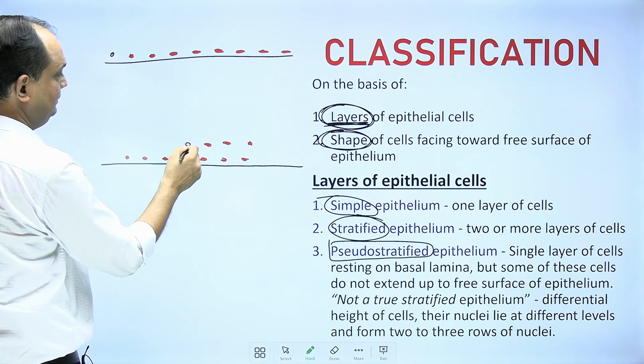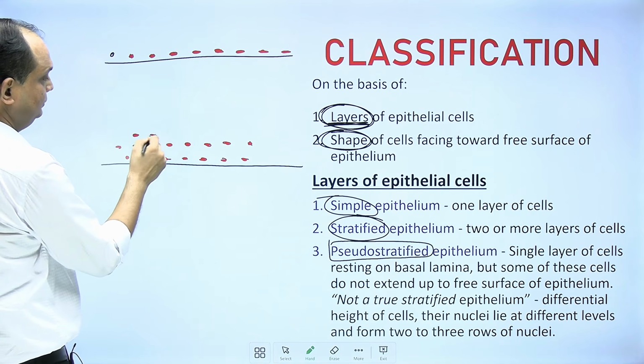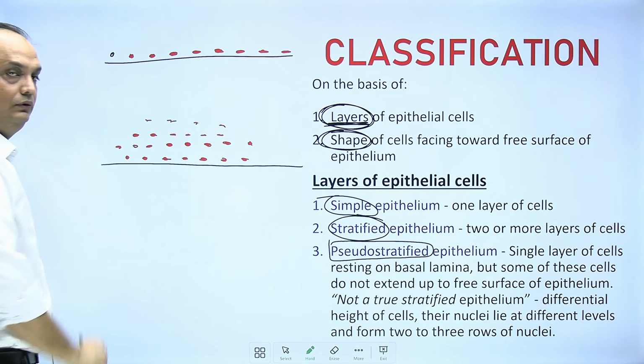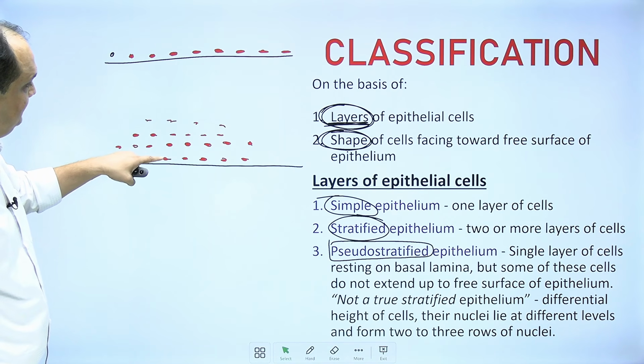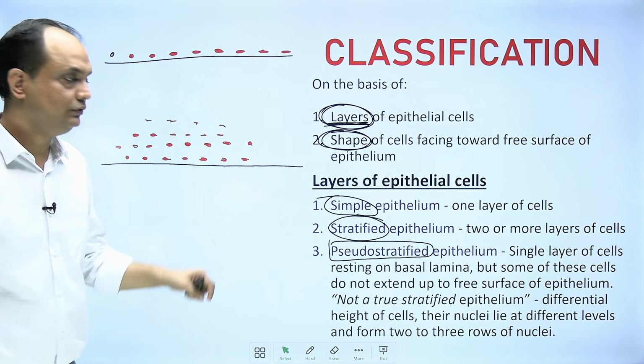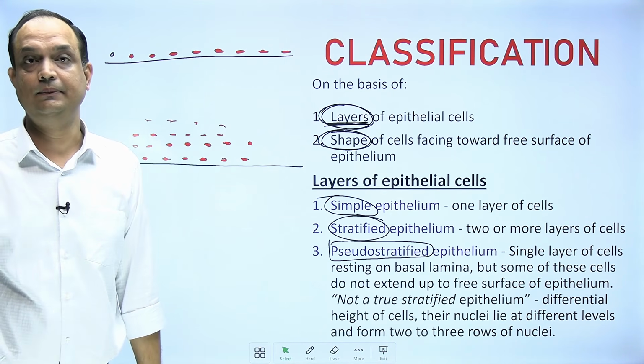It may be more than two, it may be three layers, it may be four layers of nuclei. That shows you are having one layer, two layers, three layers, four layers of cells. Because there are four layers of cells, they are known as stratified epithelium.